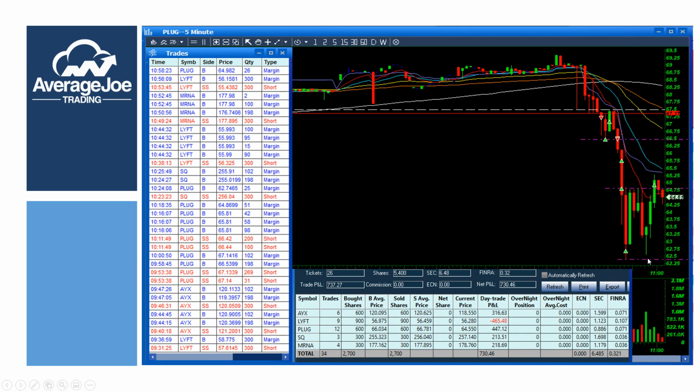Once we broke this, I was going to add back, but we didn't. We made a higher low. I could have taken it off here once we claimed the higher low, but I just let it run its course, and it stopped me out. There were only 25 shares left, so it wasn't a big deal.